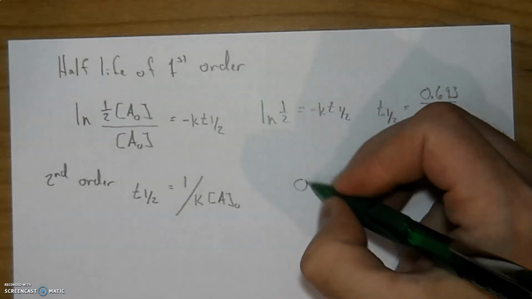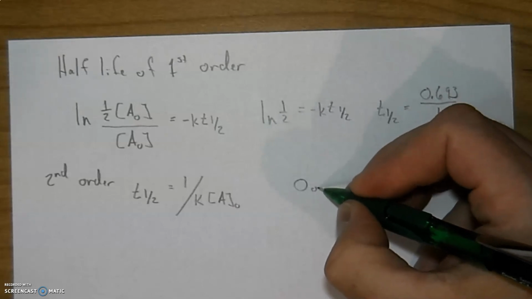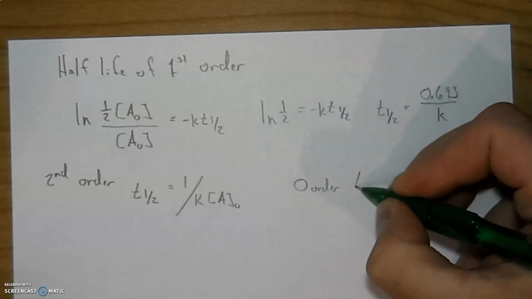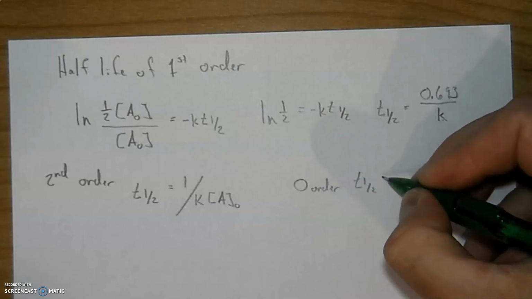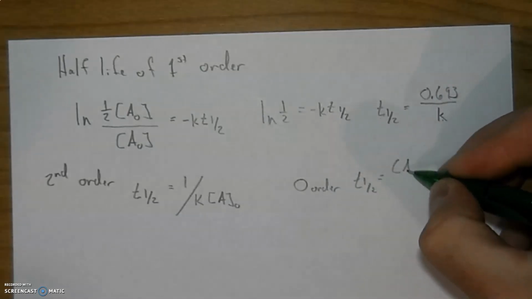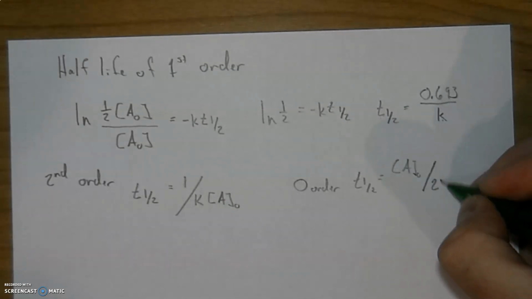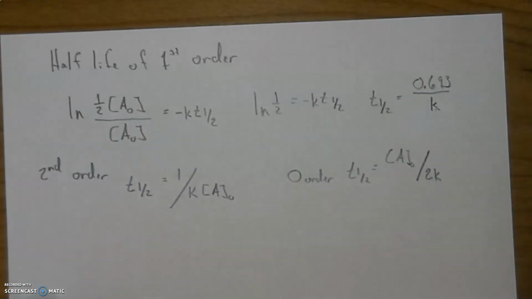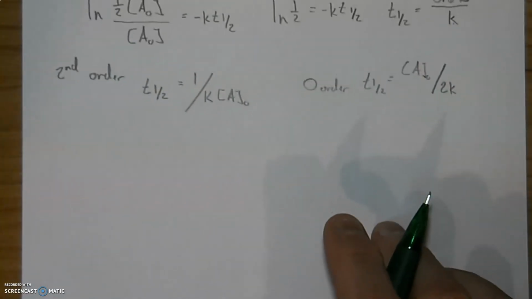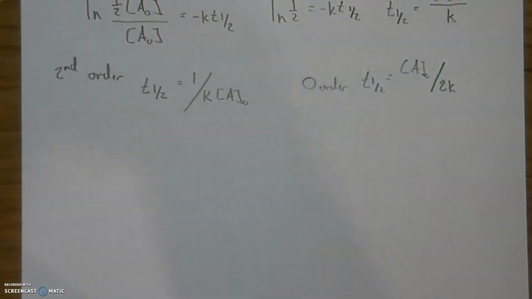And for zero order, it is the initial concentration over 2 times the rate constant. And that's it. All right, so that'll be the end of this lecture, and we'll start on a whole new topic for the next one from there.